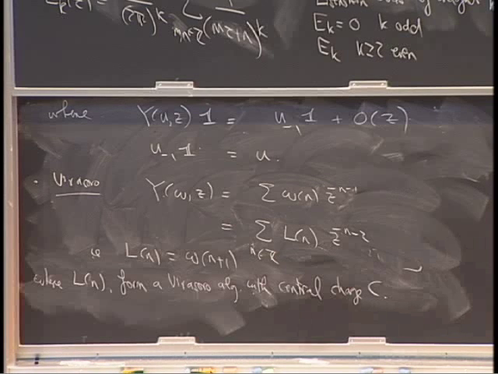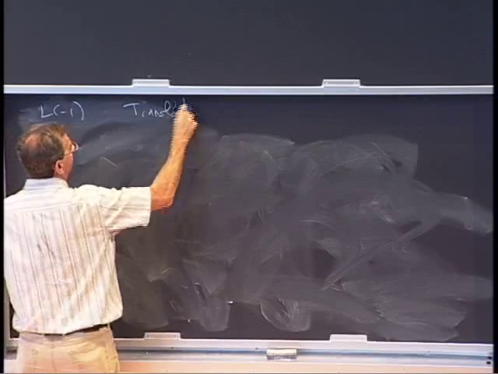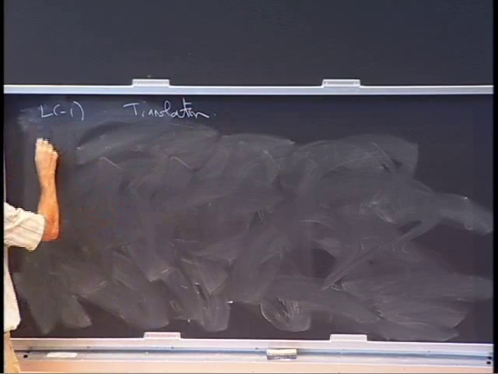Oh, well, I've actually skipped one of the most important axioms, which was locality. I'll come back to that in a moment. I'll finish off this part first. L minus 1 gives you a translation. Again, this is described in Jeff's notes, so I won't say any more about that. And L0 gives the grading.